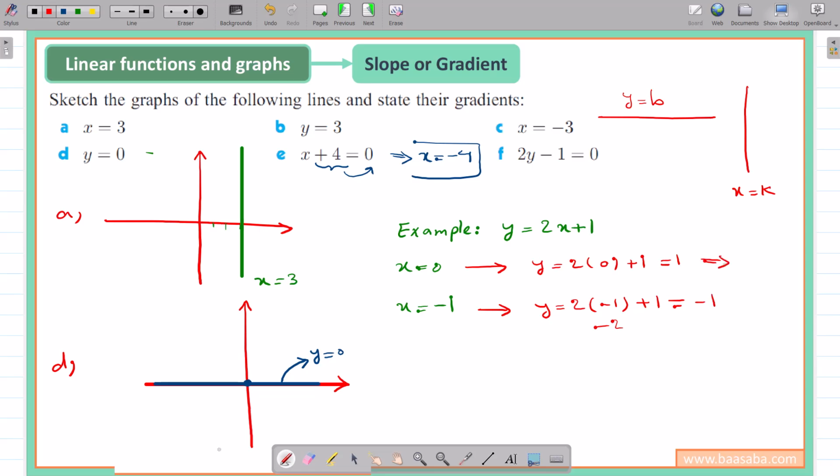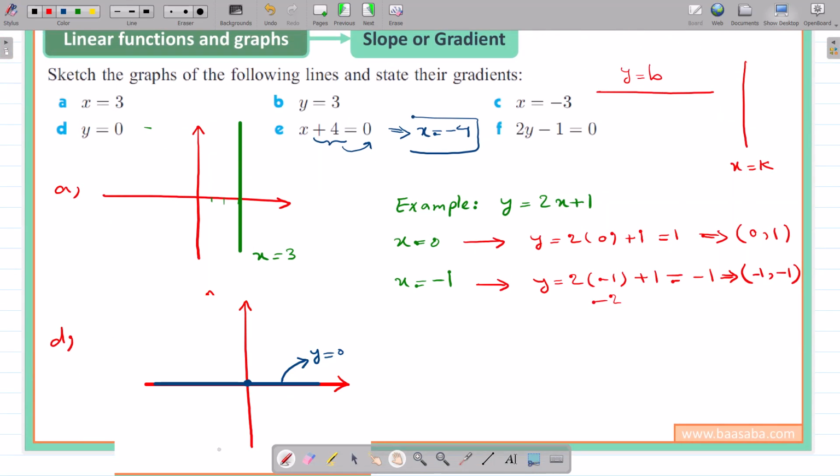So we have 2 points here, 0 and 1, and negative 1 and negative 1. Then I'm going to draw a coordinate system here and find the places of these 2 points.